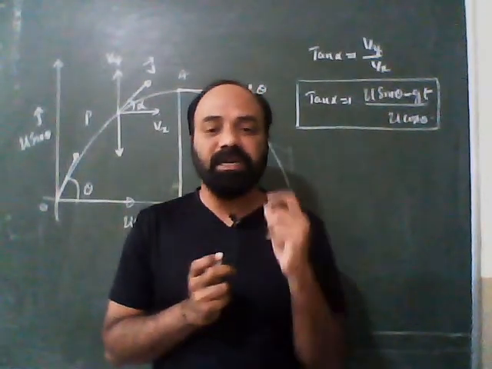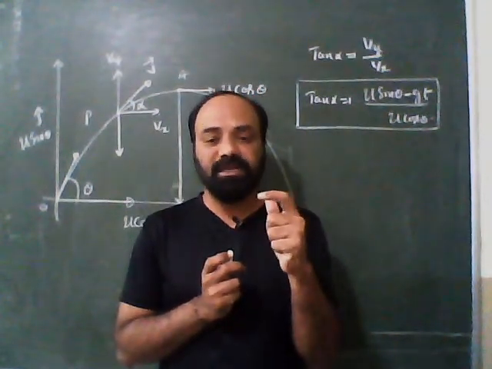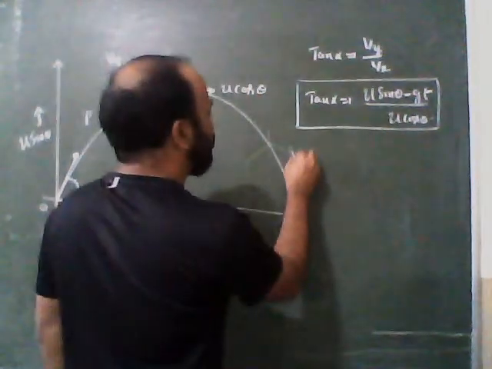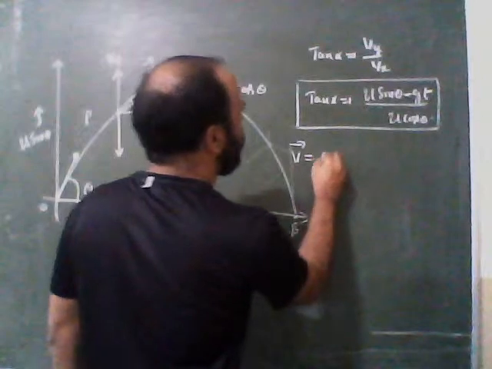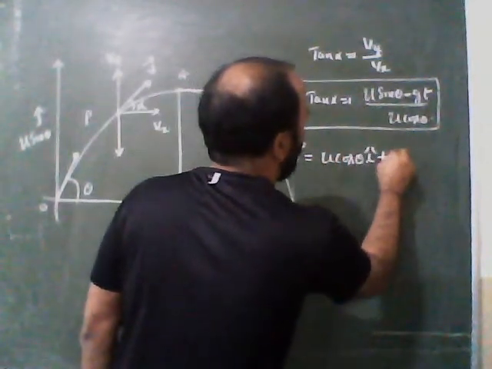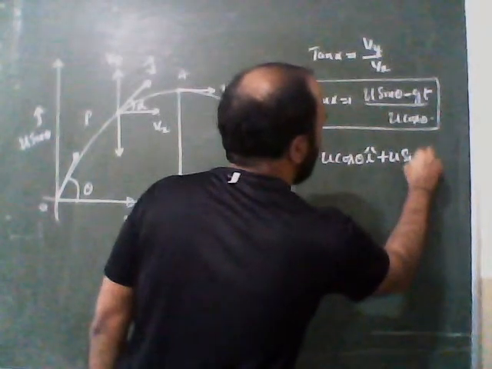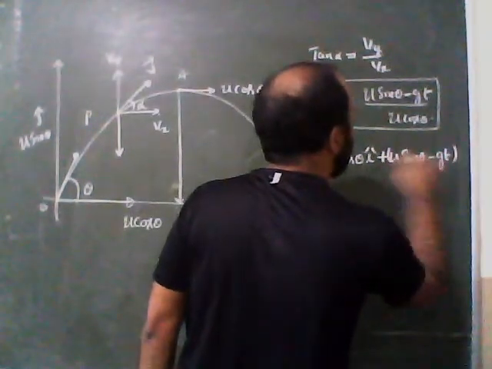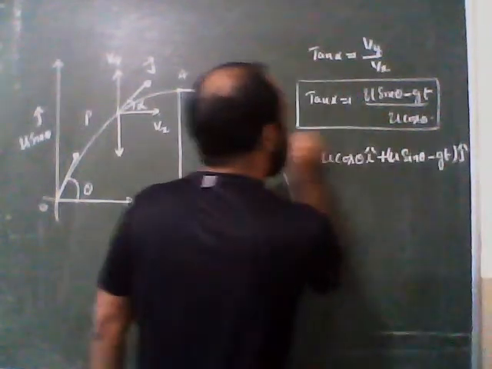And the formula to find the velocity of a projectile after t seconds is v bar equals u cos theta i cap plus (u sin theta minus g t) j cap.